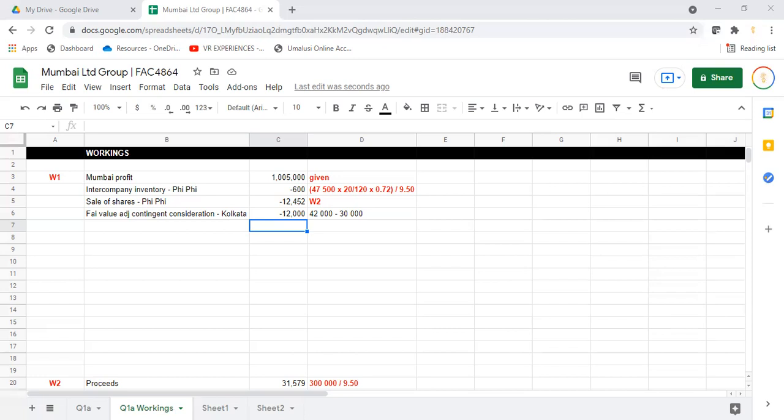The other way of looking at it, and it's one and the same thing, it's just different ways of thinking about it, is this: when the journal entry was processed by Kolkata, the separate entity, they said debit cost of sales, credit inventory, 20,000 Rand. What do we need to do?